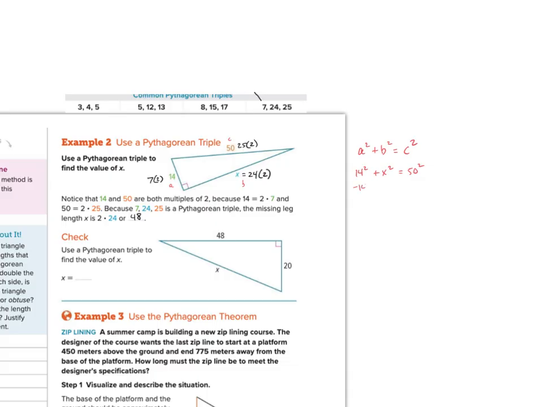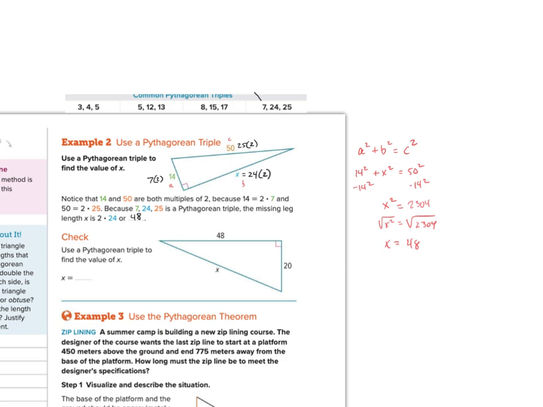Subtracting 14 squared from both sides, x squared is going to be equal to 2,304, and then finding the square root of both sides, the square root of 2,304, x is going to be equal to 48.